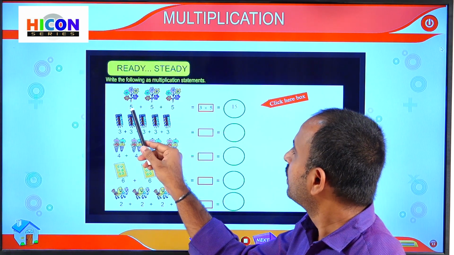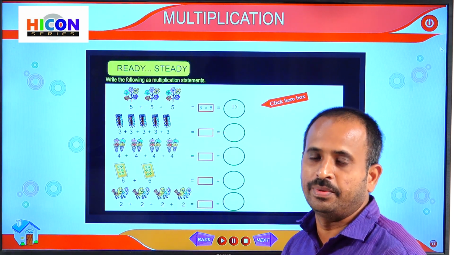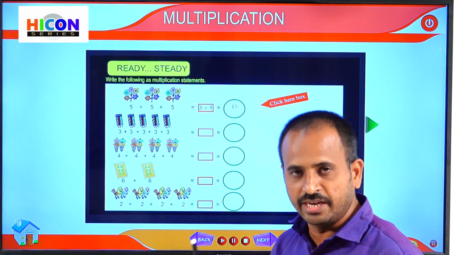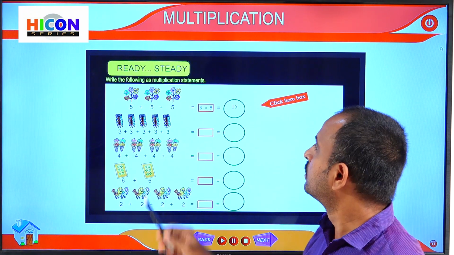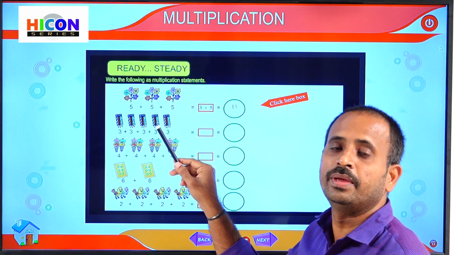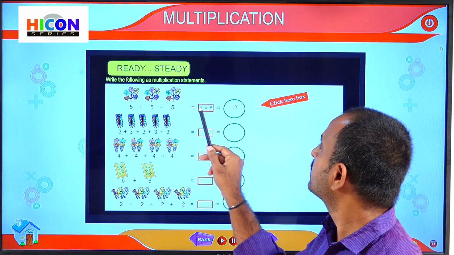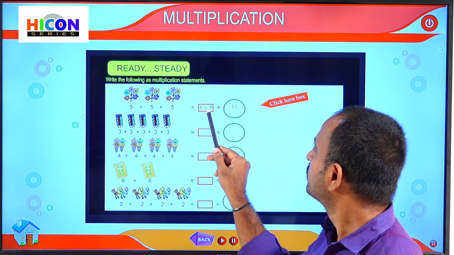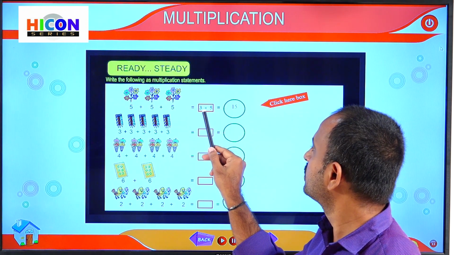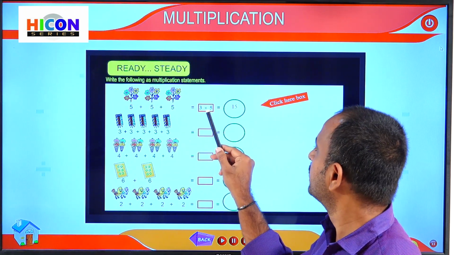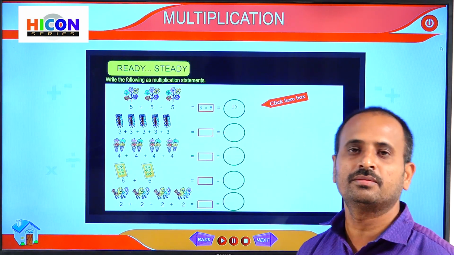If you add any number repeatedly, here we are adding the number 5 three times. That is 3 times 5. 3 times 5 can be written as 3 into 5. Children, this cross symbol can be read as 'into', and this is the symbol for multiplication.